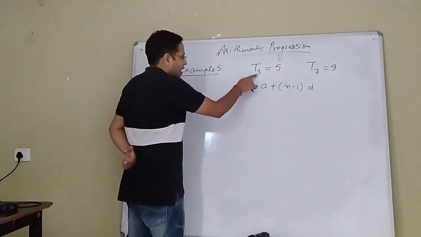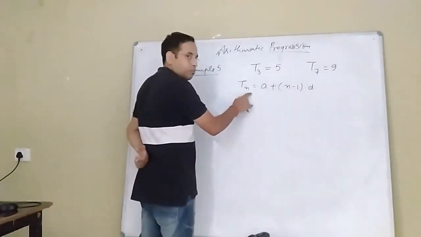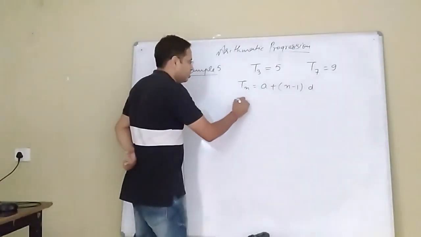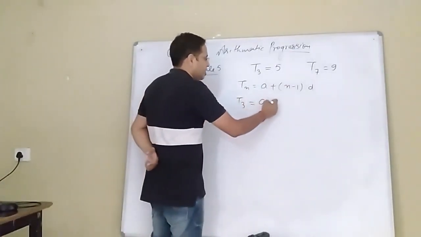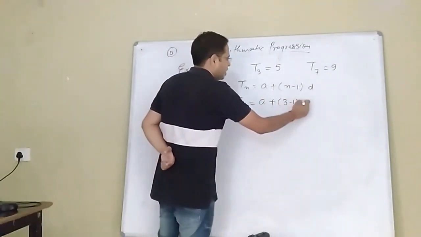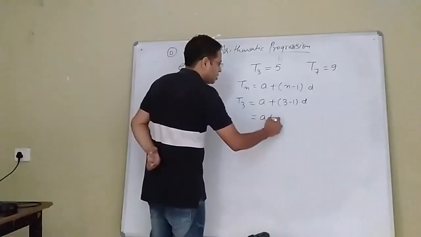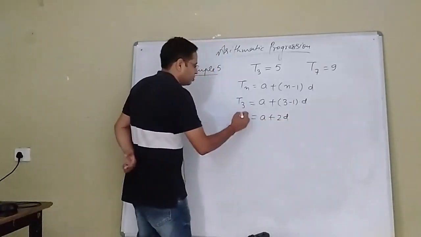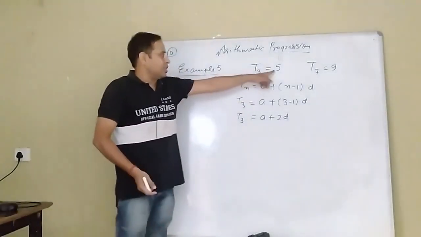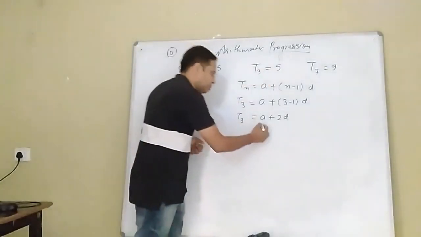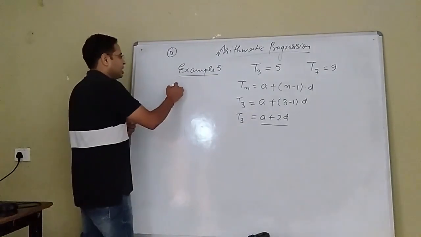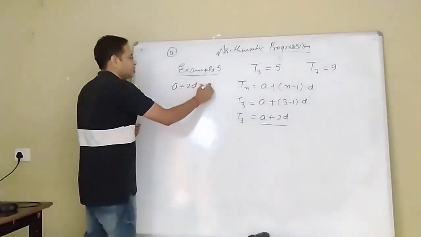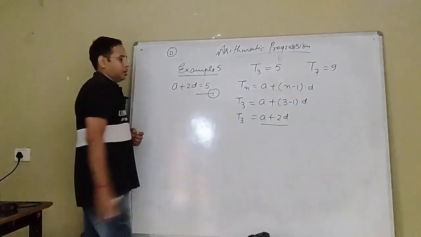If I put n is equals to 3 in this formula, we'll get the third term. So T3 is equals to A plus 3 minus 1 into D. That is A plus 2D. And the value of T3 is given to us how much? 5. So this will be equals to 5, isn't it? That is A plus 2D is equals to 5. Let this be equation number 1.